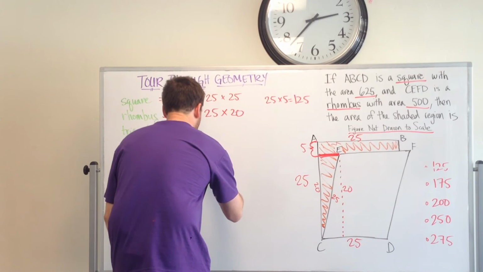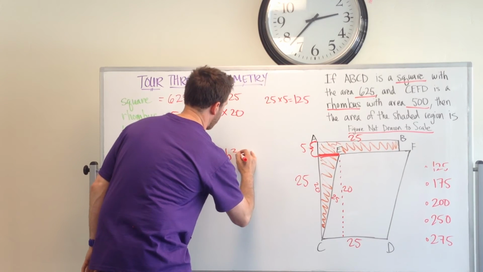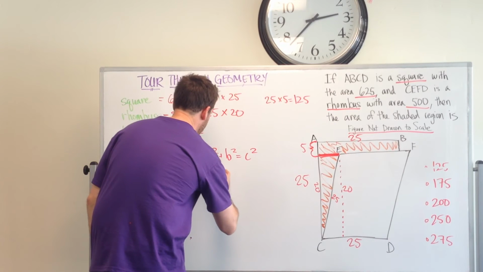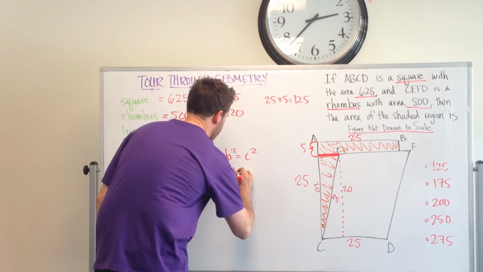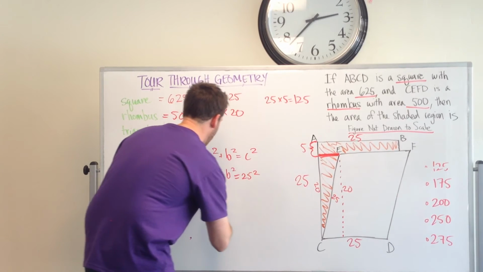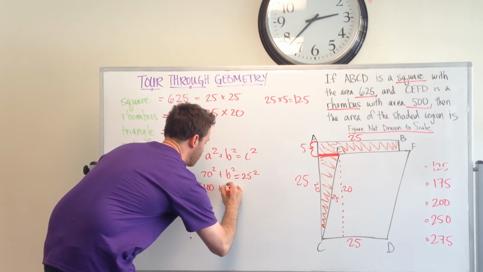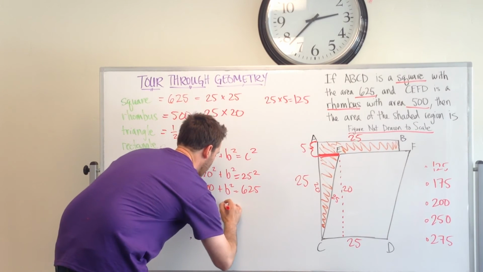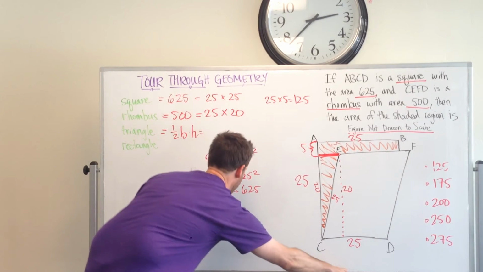So let's do a squared plus b squared equals c squared. So we have 20 squared plus b squared equals 25 squared. This is 400 plus b squared equals 625. B squared, whoa, that's really ugly too.